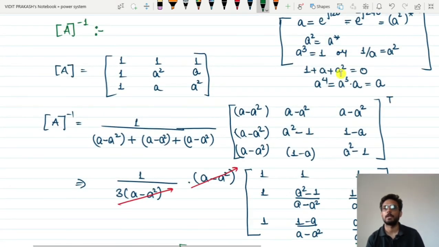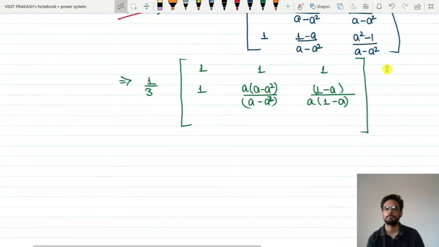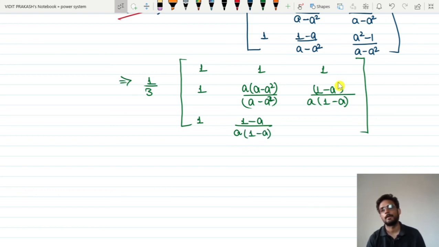And what is 1 minus A? 1 minus A is A square. So, and the third row will be 1 minus A. Again we will take common A. This will be 1 minus A, and here we will get A square, or we will take common A and replace 1 by A cube. We will get A minus A square divided by A minus A square.